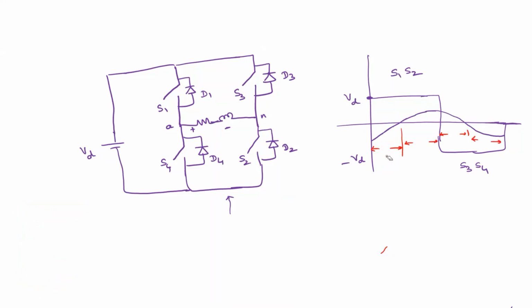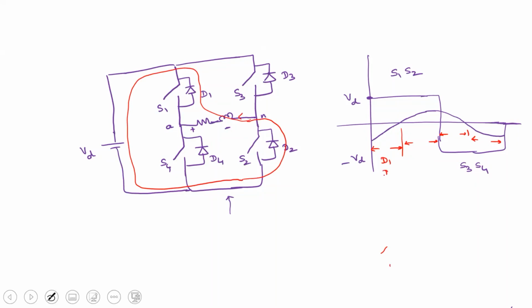Which devices are in conduction here? The current is negative but the voltage is positive, so D1 and D2 carry the load current. The current flows like this through these diodes.